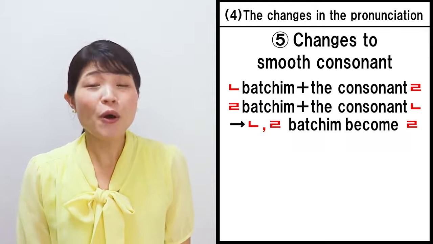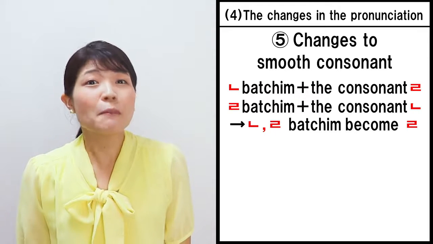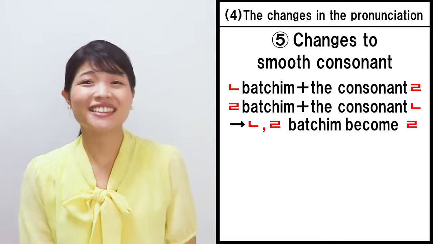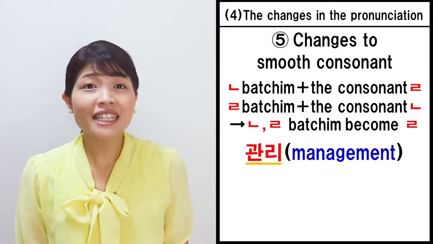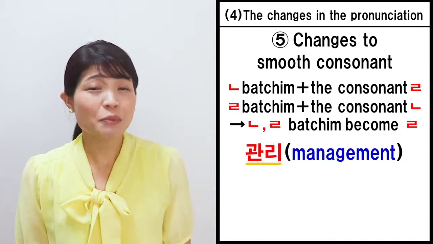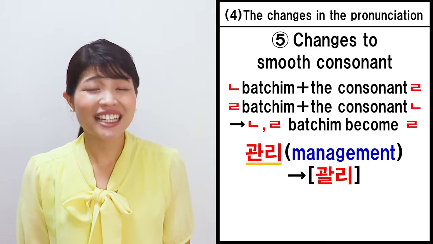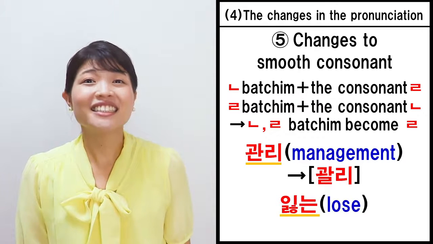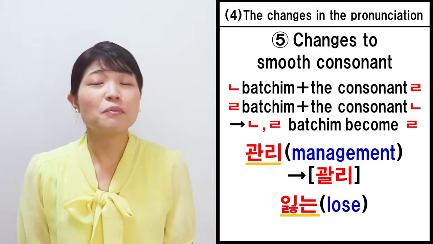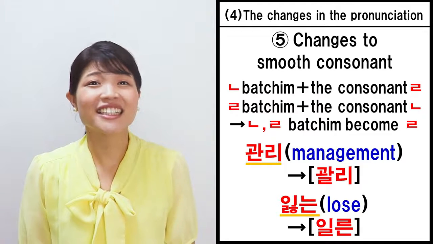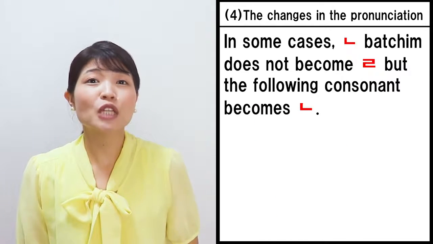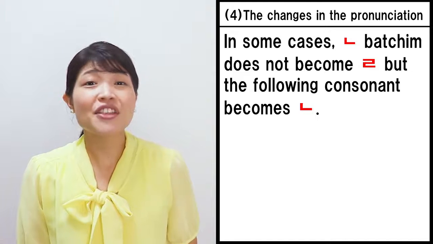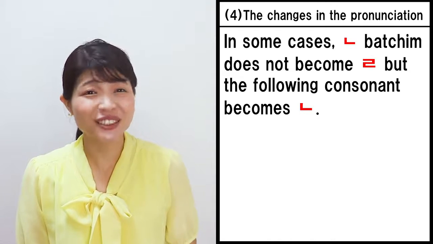When 니은 받침 is followed by the consonant 리을, or 리을 받침 is followed by the consonant 니은, both 니은 and 리을 받침 become 리을. For example, 관리, management, and 잃는, lose. In some cases, the 받침 does not become 리을 and the following consonant becomes 니은.